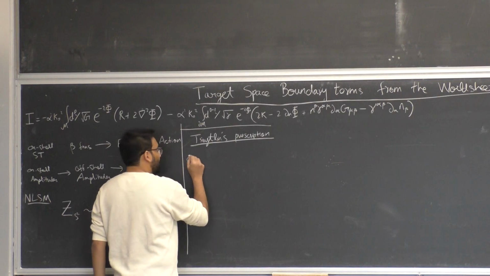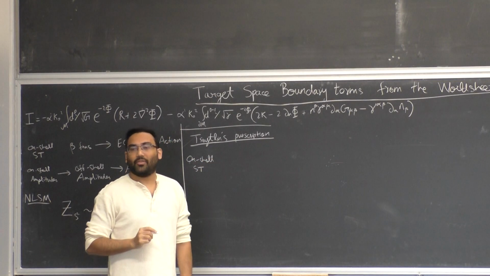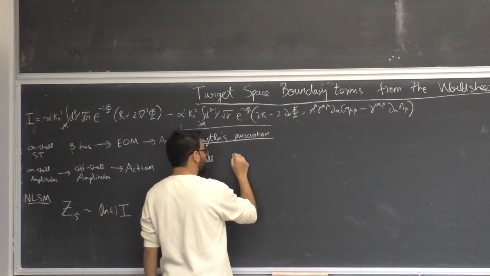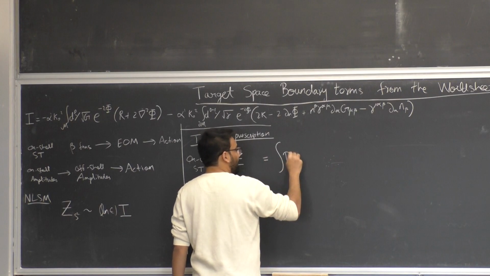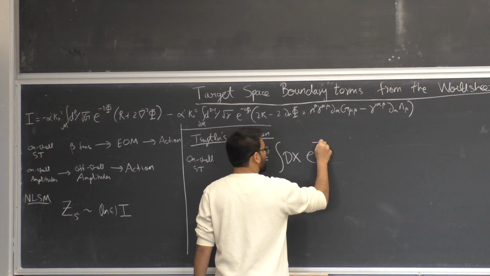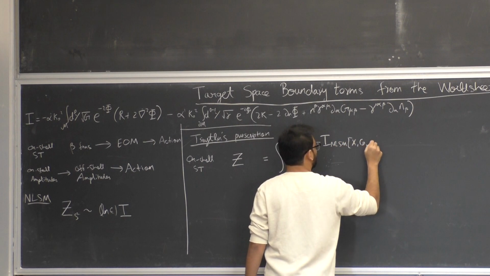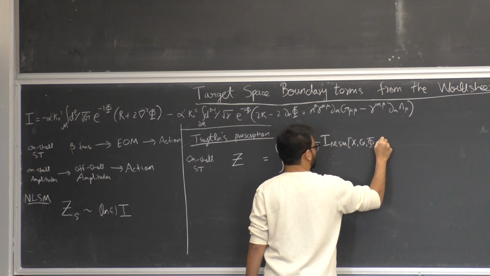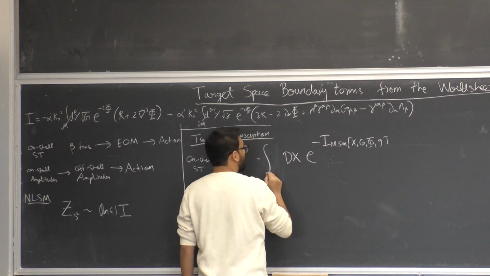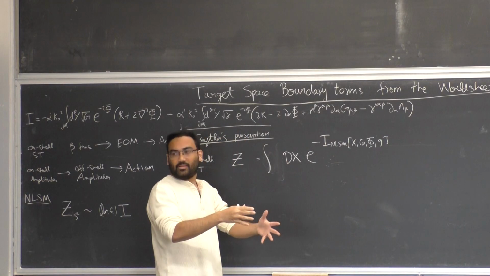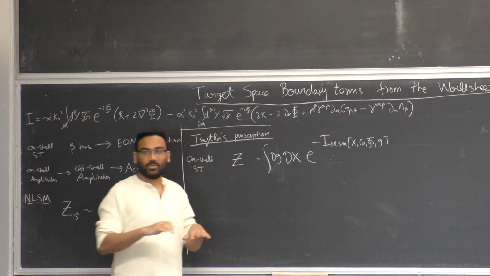So in on-shell string theory, how is the partition function of the sphere defined? Basically, you take a sphere, embed it in the target space-time, where you integrate the embedding fields, which have become scalar fields on the worldsheet, and also the metric on the worldsheet.